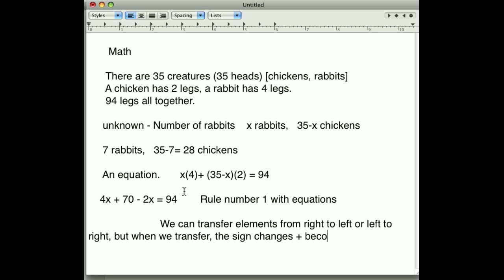Plus becomes minus, and minus becomes plus.